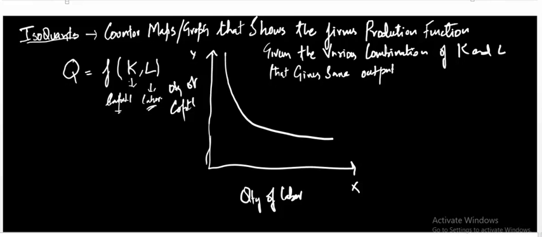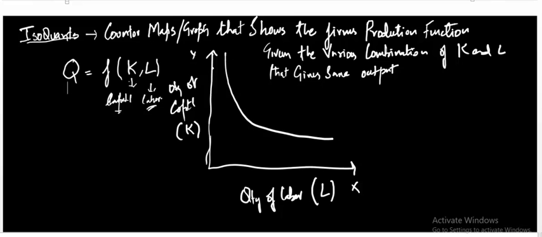In the indifference curve, we talked about two goods that give the same level of satisfaction. Over here, we are talking about the combination of capital and labor, L for labor and capital, in such a way that gives the same level of output.